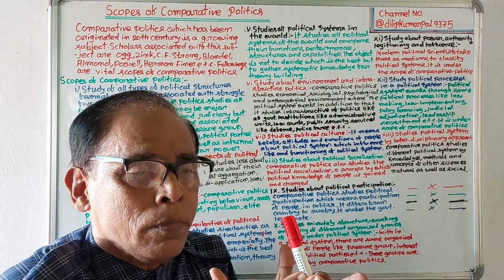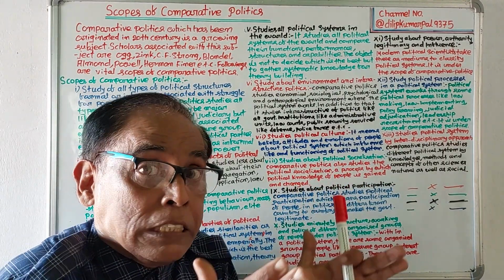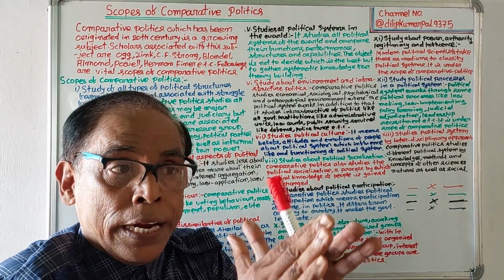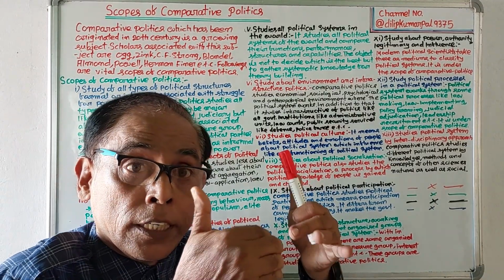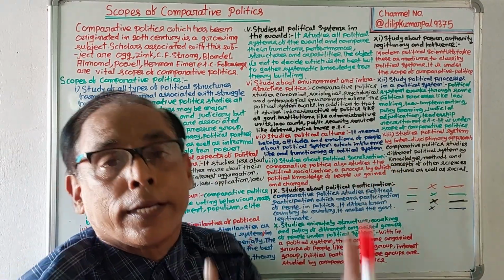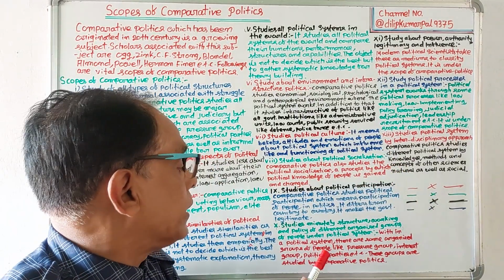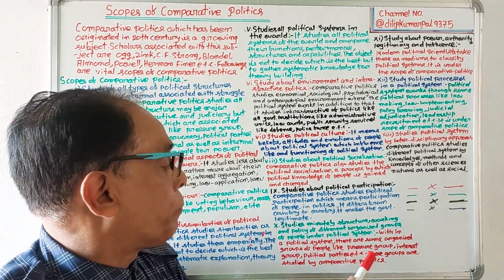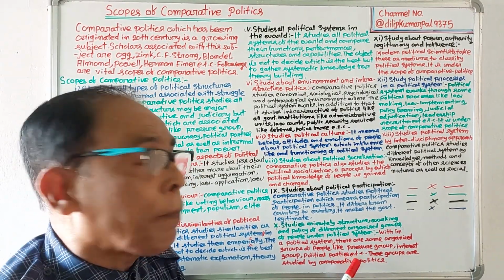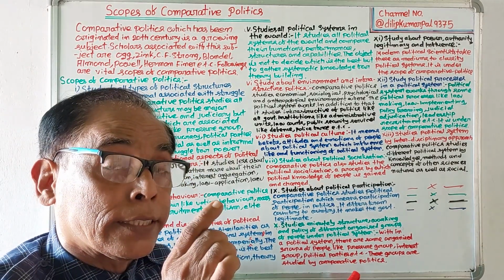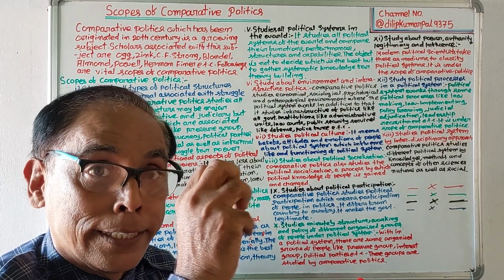Under political system, people have some organized groups like political parties, pressure groups, interest groups. Comparative politics studies minutely about their organization, functions and working. These groups are studied by comparative politics minutely in detail.